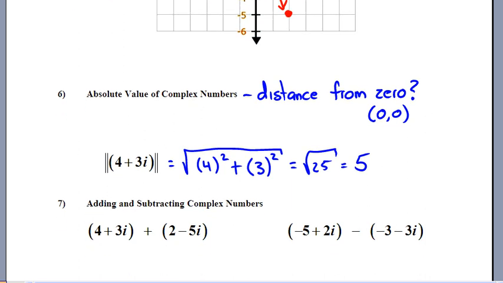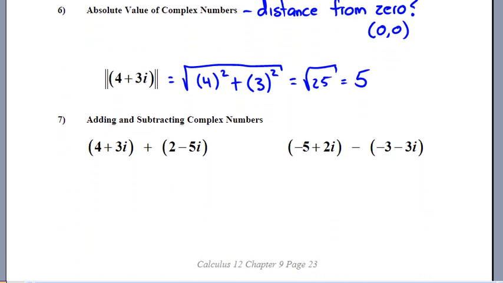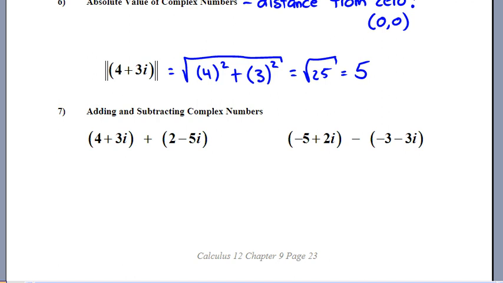Okay, next thing. You are going to need to add and possibly subtract complex numbers. Very, very easy to do. All you have to do is just collect the like terms. Do it by adding if it's an adding question.